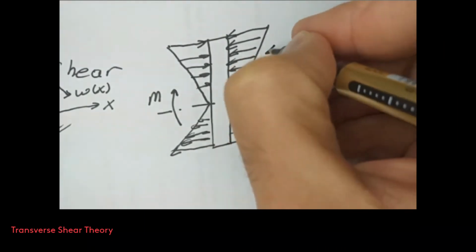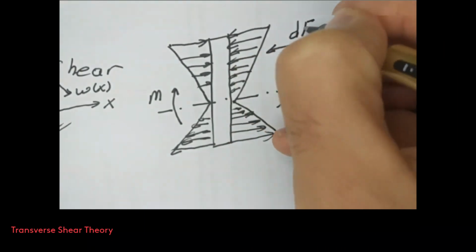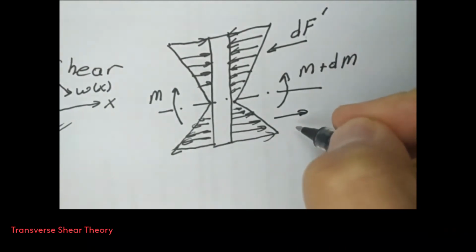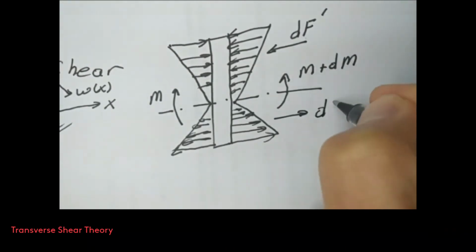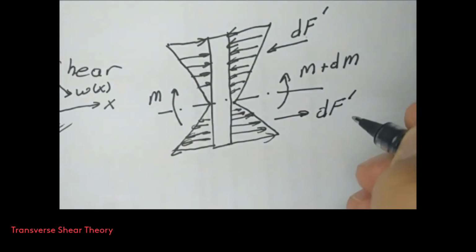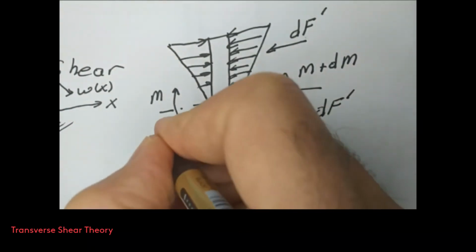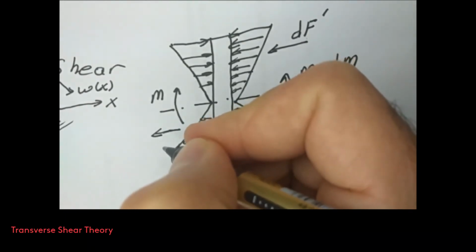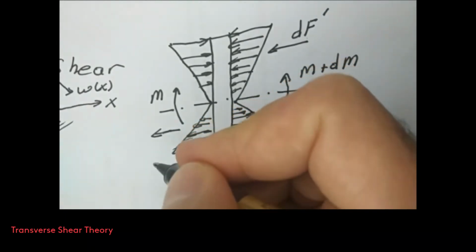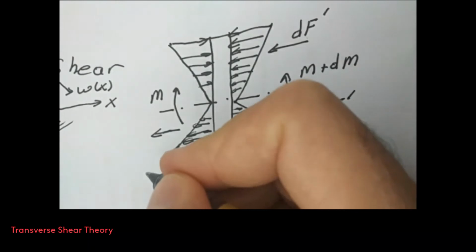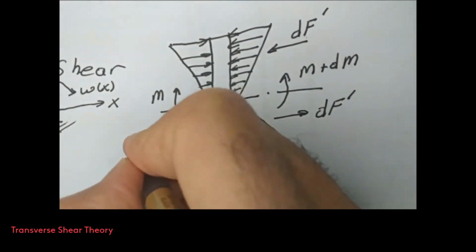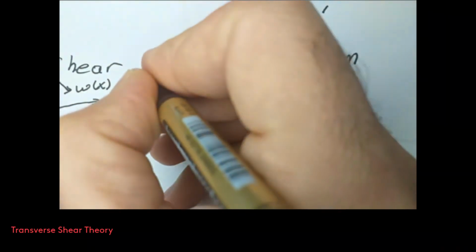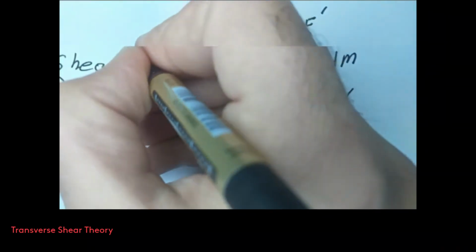So the resultant force is dF prime, which generates this moment, and dF double prime here.